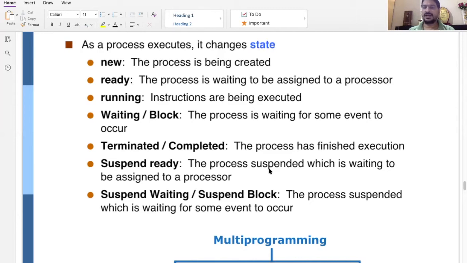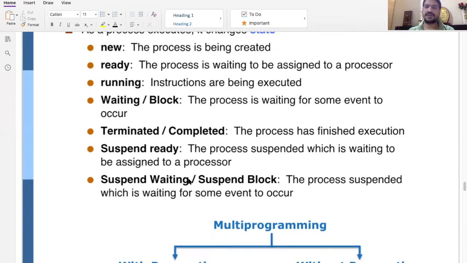Suddenly, a new process with a greater priority comes into the ready state. There are some processes which are not that important, meaning the priority of those processes is less. Those processes will be put into the suspend ready state. Getting it? And we can accommodate more priority processes into the ready queue or the main memory. So that's why this state is there, which is called suspend ready state.